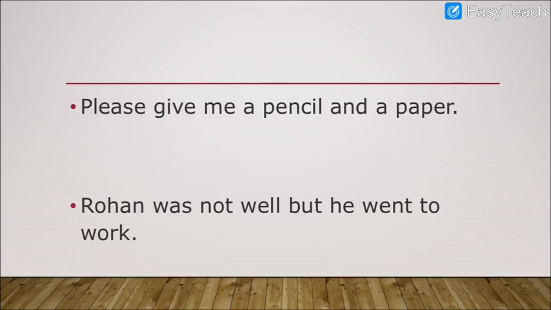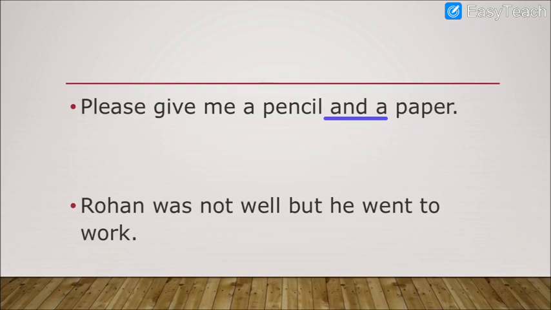Very easy. Let's see. Please give me a pencil and a paper. Again, the same ideas are connected because someone wants a pencil and a paper, both the things. So and is used when you want to connect similar ideas or when you are talking about both the things. Unlike or.